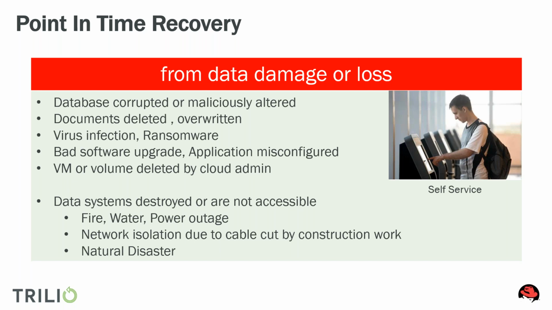In fact, to further protect against a geographic disaster, you really need all of these data copies to also be replicated to your remote location. In fact, when using Red Hat Ceph storage as the S3 target with Trilio, the entire bucket is replicated.